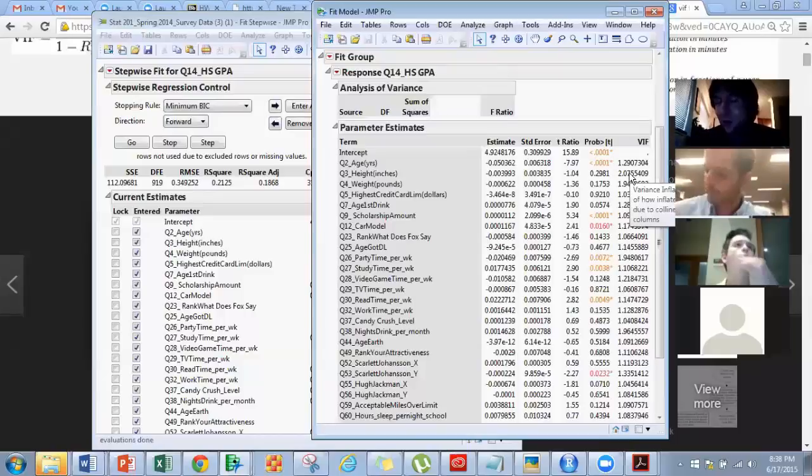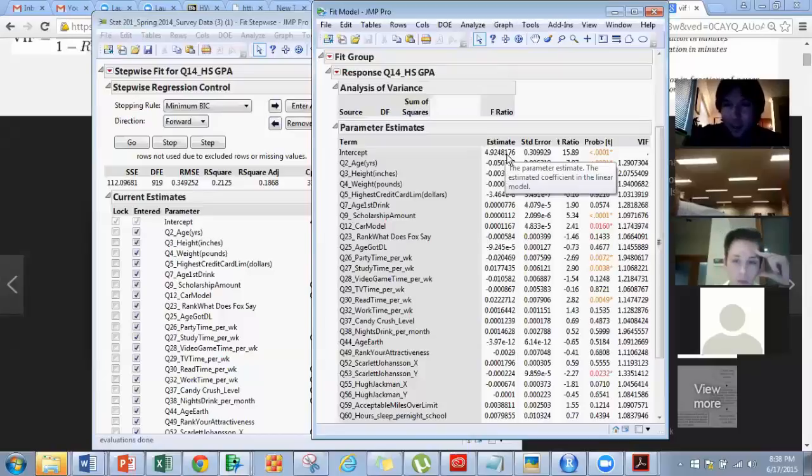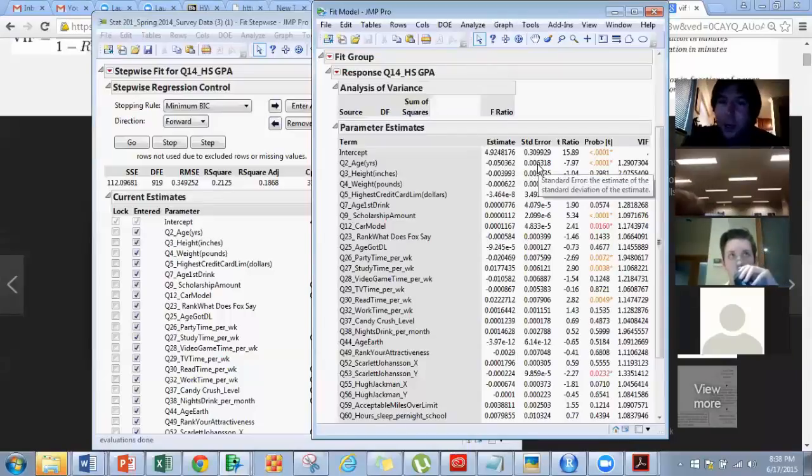These are some of the reasons I do like JMP. You hover over something in JMP and it tells you what it is. If you want to know what the estimate is: the parameter estimate, the estimated coefficient in the linear model. Well, I guess it's a multiple regression linear model. Standard error, the estimate of the standard deviation of the estimate, so a standard error is a standard deviation.